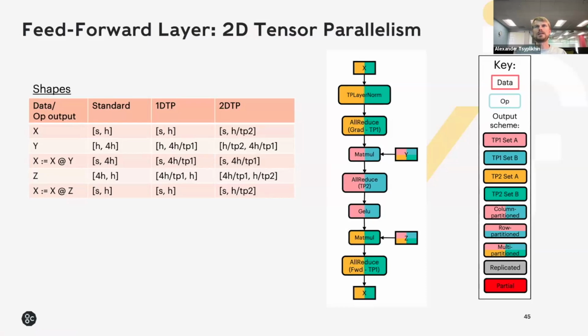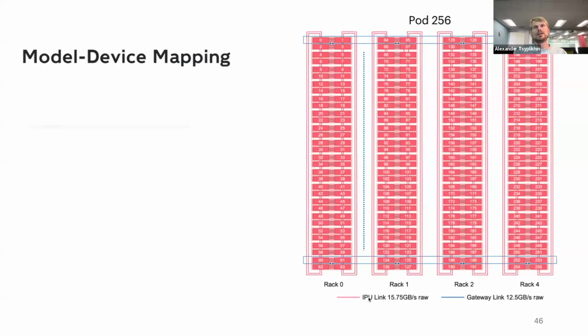So on a POD 256, we have analyzed the different configurations that can be used to map the models, the GPT-3 specifically, across the IPUs.